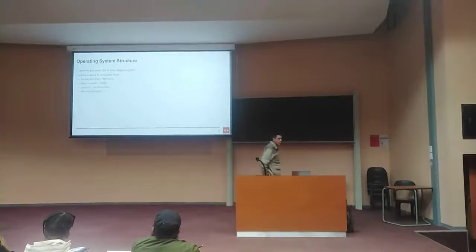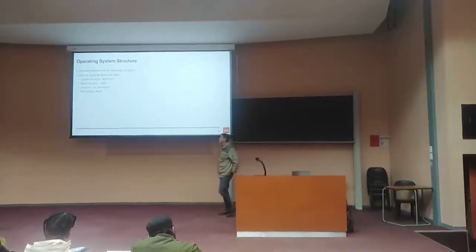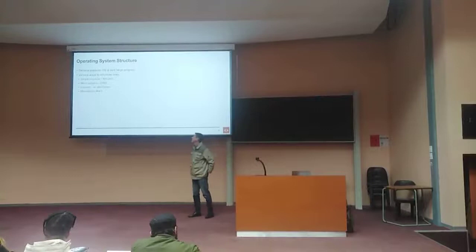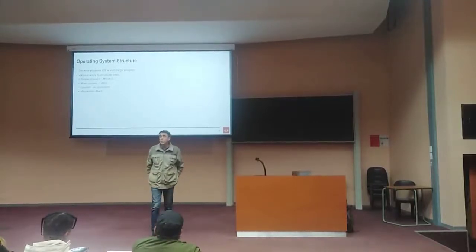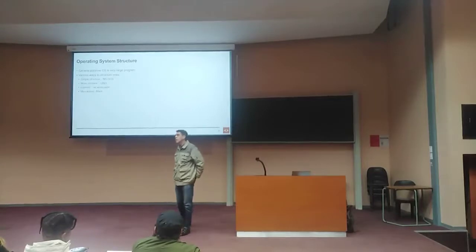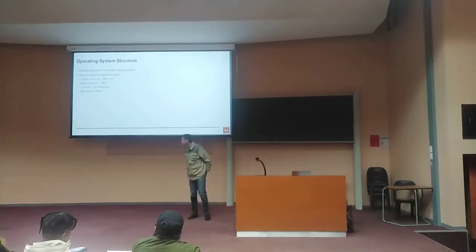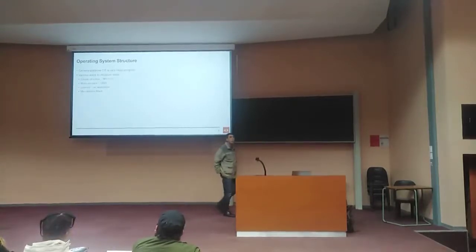We'll quickly talk about a more complex structure, which was the Unix operating system. Before we actually get to Unix, we'll talk about layered approaches, then microkernel approaches, and in between there somewhere, there's also a modular approach, what they call the loadable module approach.